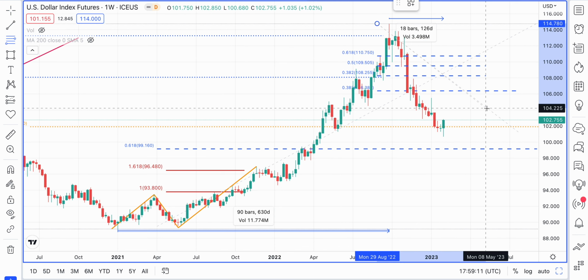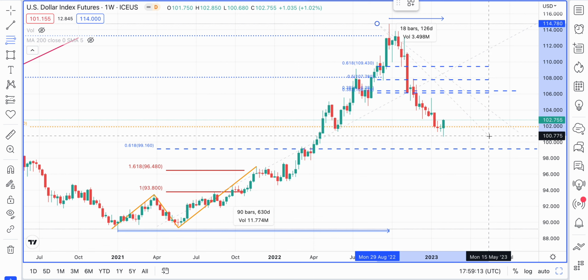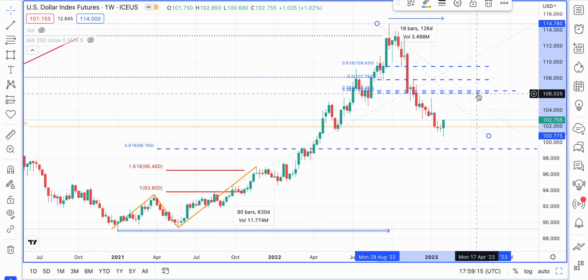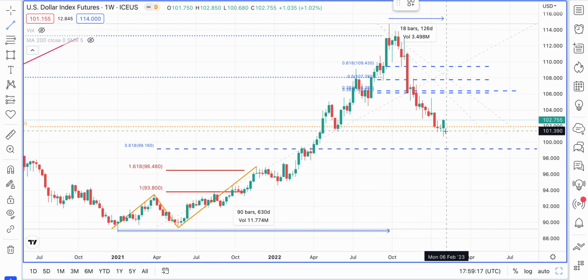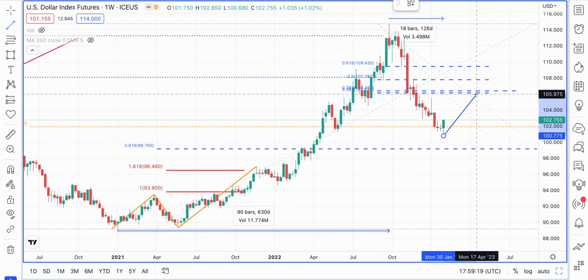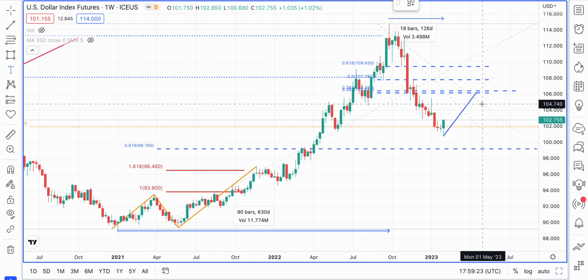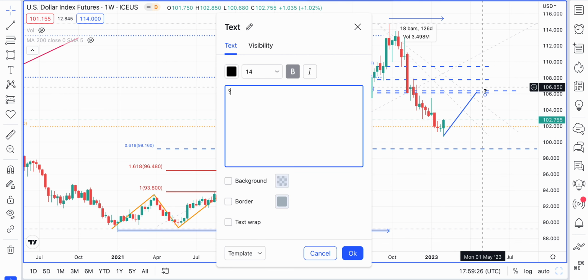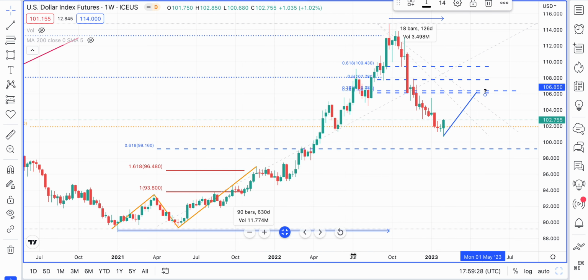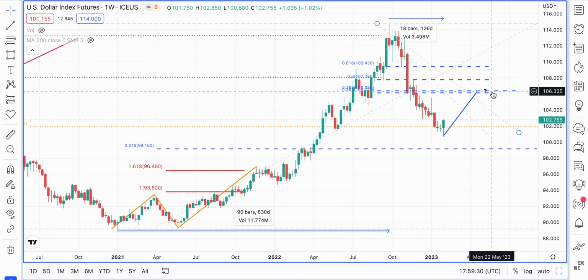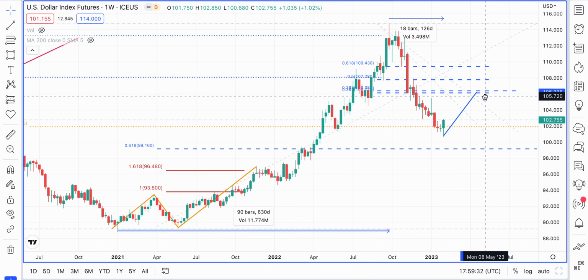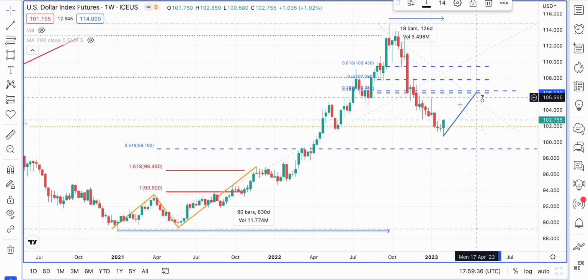Because one candle, even if it's a strong candle, is just an indication, but there is a possibility that we could be moving to the 106 level in the US dollar, because that's the 38.2% Fibonacci retracement level. See how this is opposite to what we are seeing in gold denominated in US dollars.